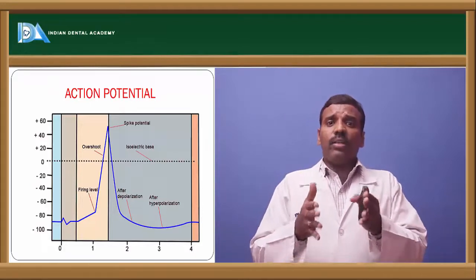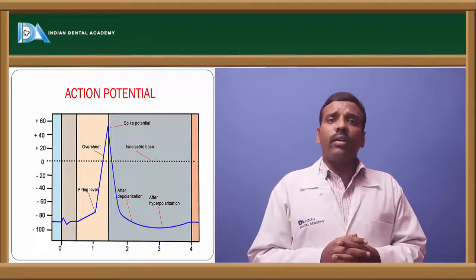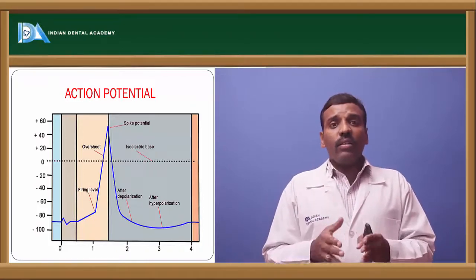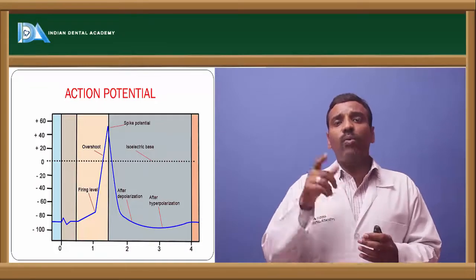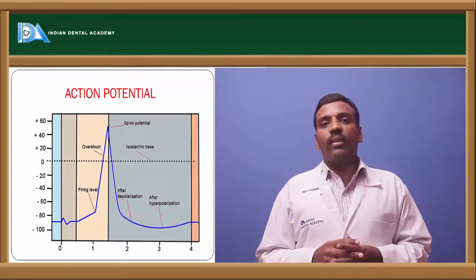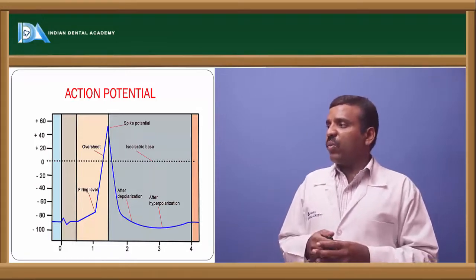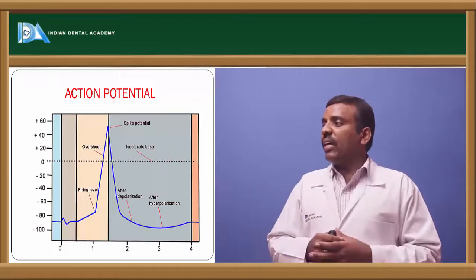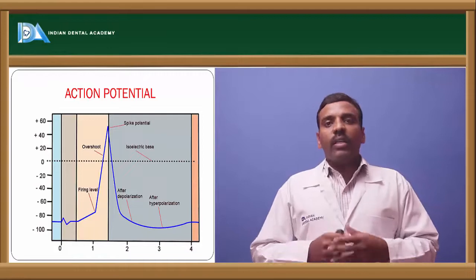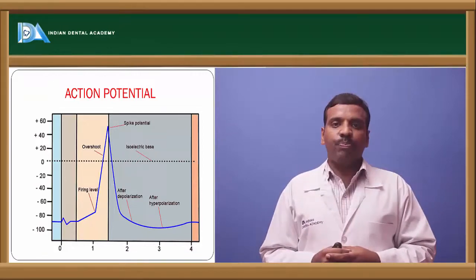When the muscle is in the normal condition, in the sense without any type of stimulus, it is called the resting membrane potential. And when we apply the stimulus, there is evoking, in the sense releasing of potentials, and that potential is called the action potential. If you see the first one, it is between minus 100 and minus 80, the resting membrane potential is about minus 90 millivolts.